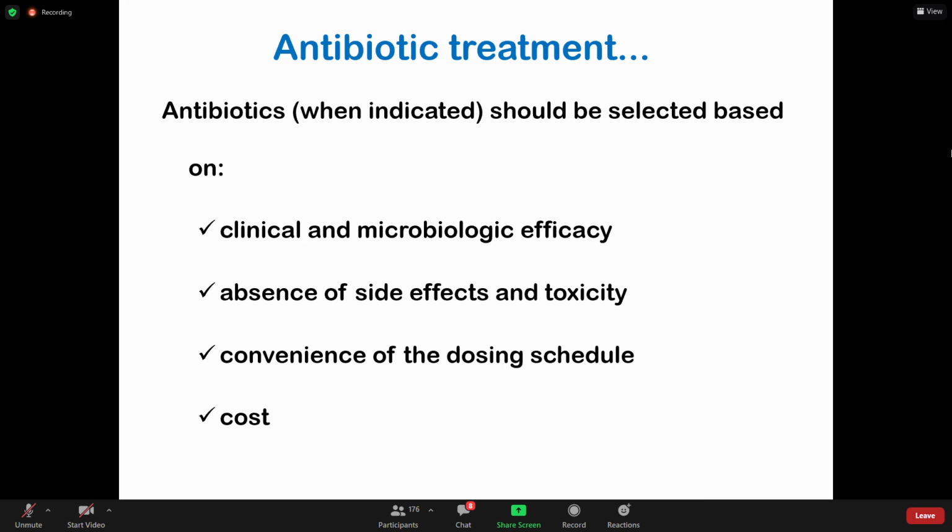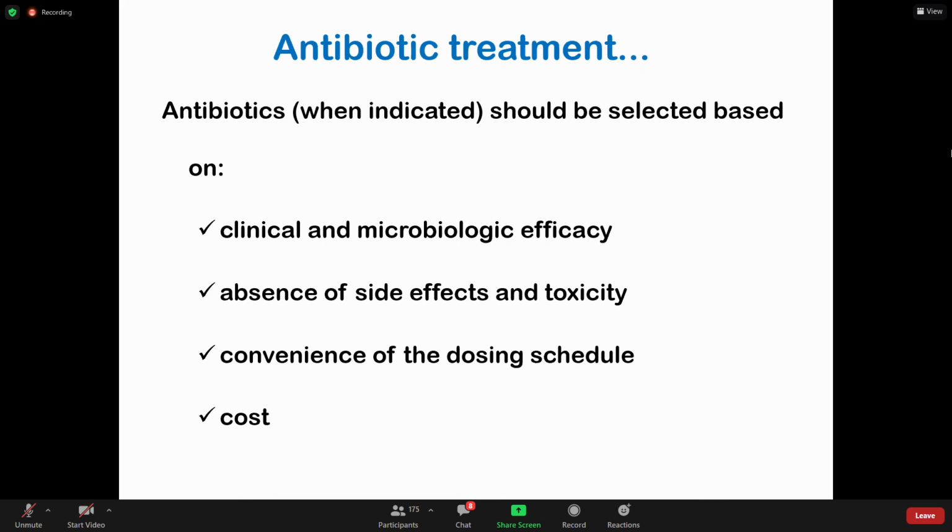You also have to consider the convenience of the dosing schedule. If you have to use an agent that you're going to be administering every 3 hours, it may not promote the patient's drug compliance. But if you have an alternative that the patient has to take just once in a day, the likelihood that the patient will stick to that schedule is going to be higher.